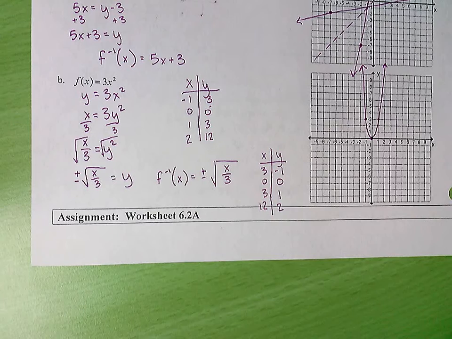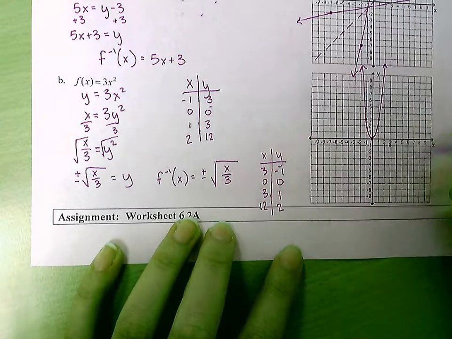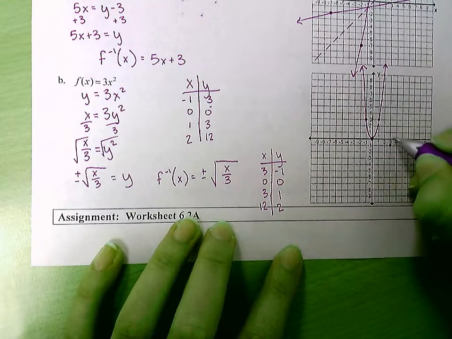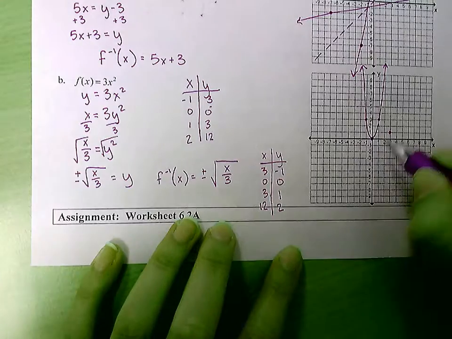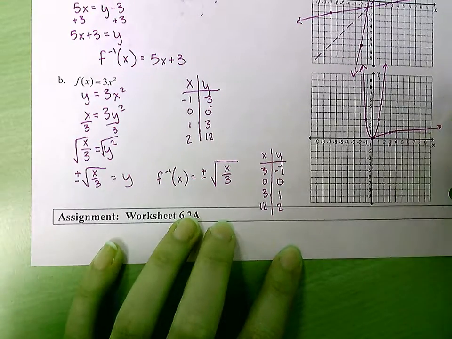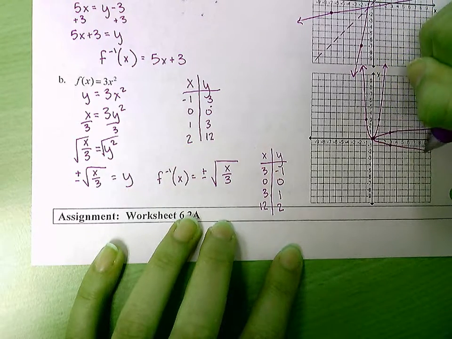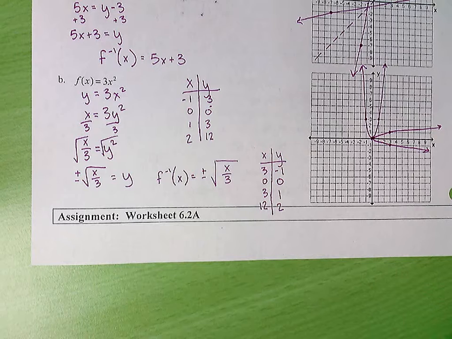Okay, so you just flip-flop those x and y values, and then you can plot those points. So right 3 down 1, right 3 up 1, and then that goes off. And it does need to look like that parabola there, but sideways.